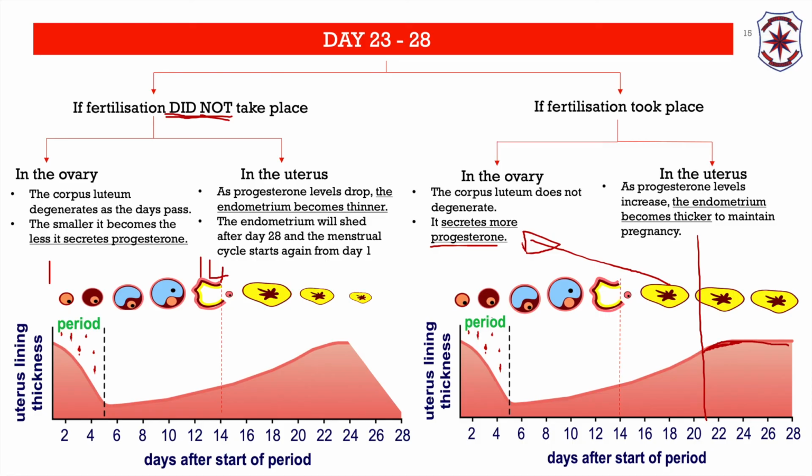That means pregnancy has taken place. Now, the endometrium is ready to implant, and we already have an ovum over there. All right, so the endometrium is ready for implantation of the blastocyst, which will become the embryo, and then the fetus, and then after 9 months, the fetus will be born.